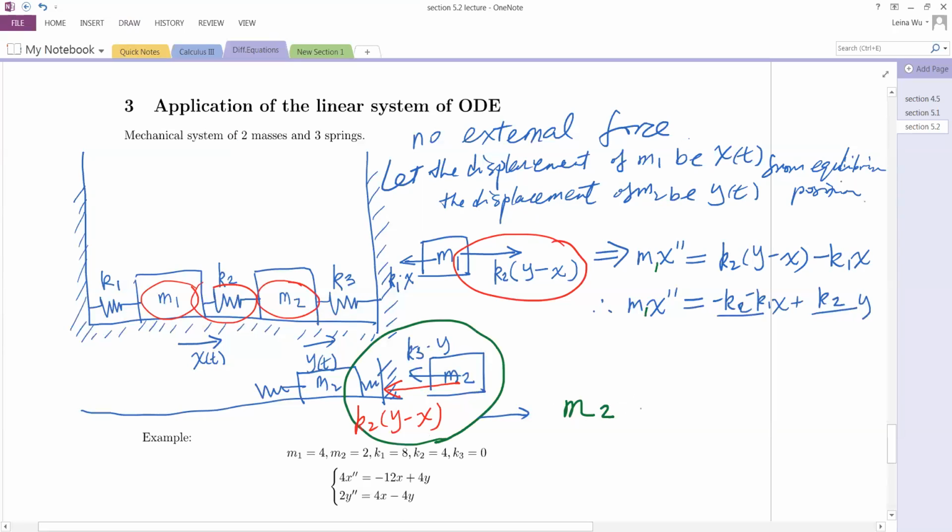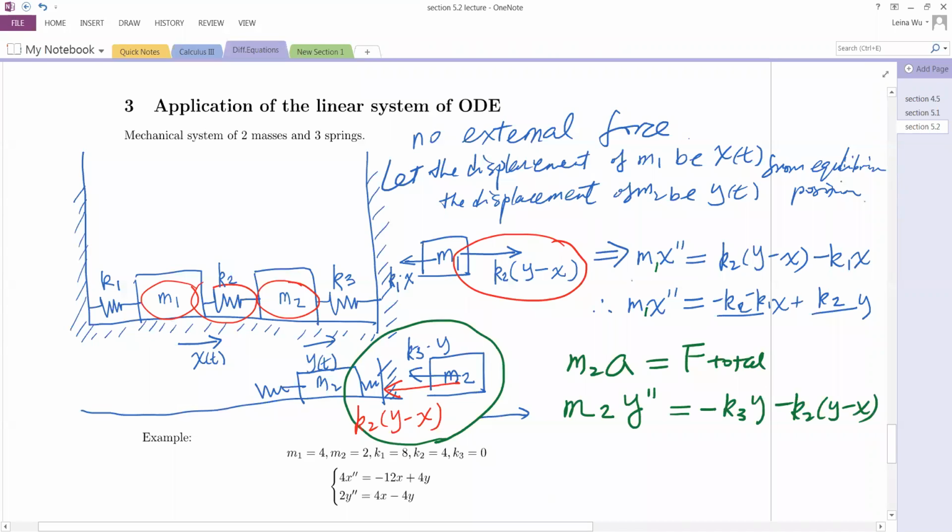F equals MA, so M2 y double prime equals the total force. We only have two forces, and they're both pointing to the left, so they should both have negative signs: negative K3y and minus K2 times y minus x.